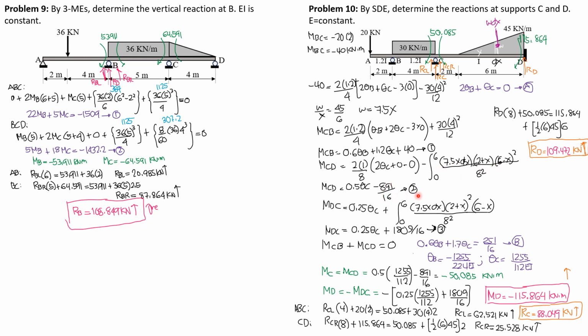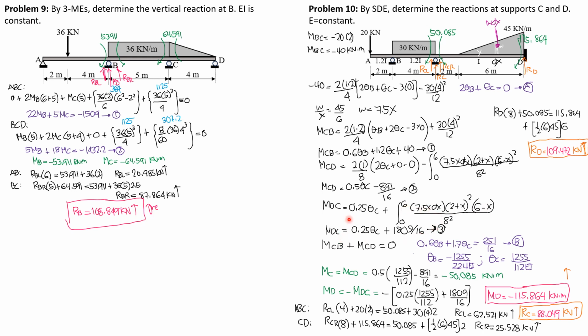Call that equation 2. Then MDC, it is theta D, which is 0, that is doubled. So half of the coefficient this time, half of 0.5 is 0.25 C. Then the fixed moment at D is positive. It is in the right part of the segment CD. And integral, same, you just copy this integral here, you just interchange the squared quantity. So this time 2 plus x is squared, then 6 minus x raised to 1, same limits, same the rest.